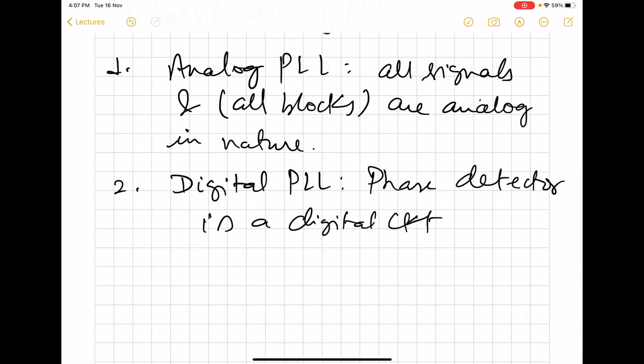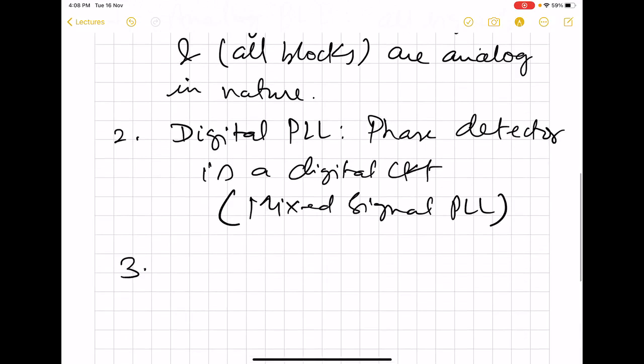It has an advantage over the analog version. And this type of PLL can also be called a mixed signal PLL, because other signals might be analog. Then we have all digital PLL. As the name suggests, all the components are digital.